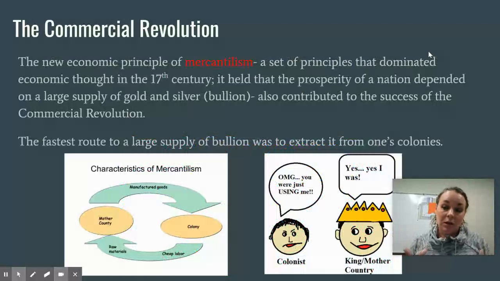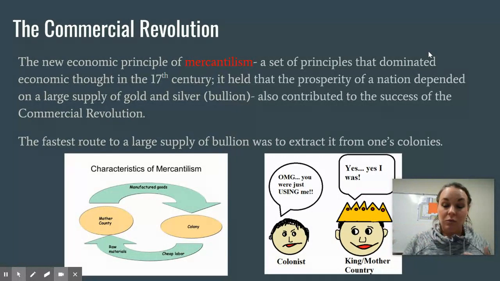So this new economic principle emerges known as mercantilism. And this is all about basically backing up your marketability and your trade value as a kingdom. You need to be able to back up all of your goods on the market with a massive amount of gold and silver. You can't just give face value to your dealings. You've got to back it up.